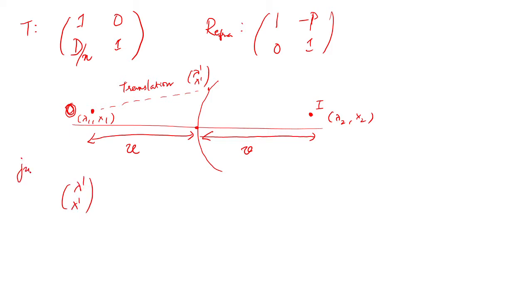So we are getting this through translation. I'm going to use the translation matrix 1 0, and then d by n1 times lambda 1 x1.